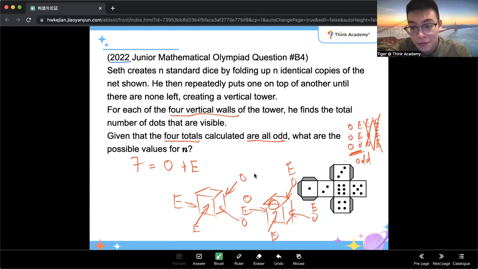So what do you say? First of all, can I have all the 4 stacks as 3 odds? Of course not.